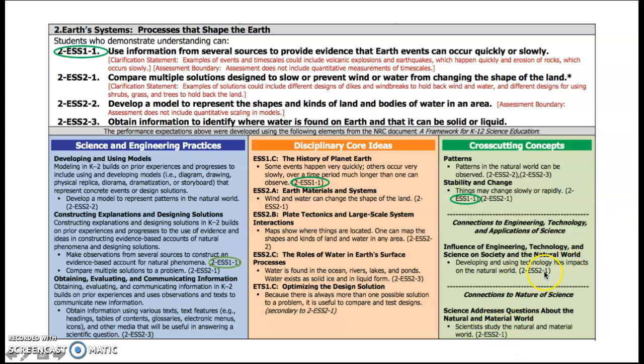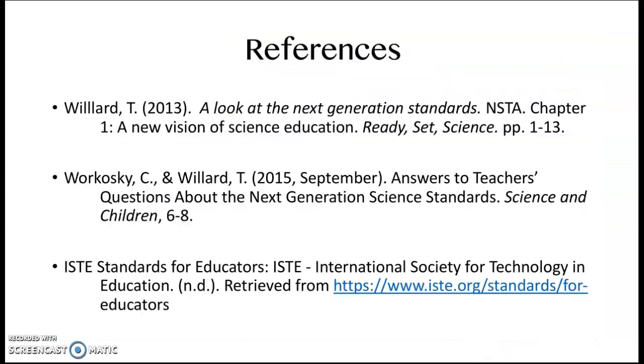And as you can see, that's not the code that matches the performance expectation I used as an example. But this is where the writers of the standards thought that connections might fit naturally with those expectations. But teachers should always look for other opportunities that they could use within the other expectations that they're studying and going over.